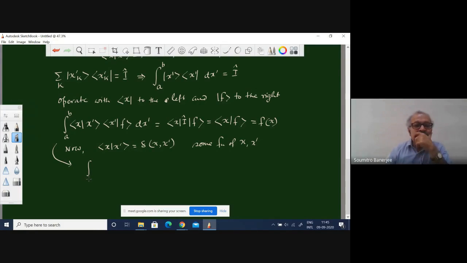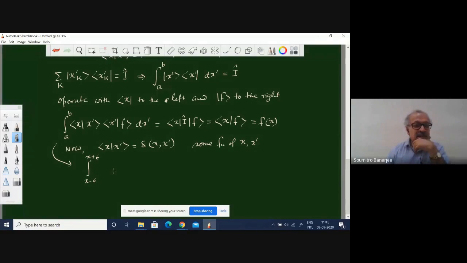Now we can change the limits because we are talking about two values of x that are close to each other, and nothing is happening outside that range, and therefore for all practical purposes we can change the limit to x minus epsilon to x plus epsilon, because nothing beyond that happens. Everything is 0.